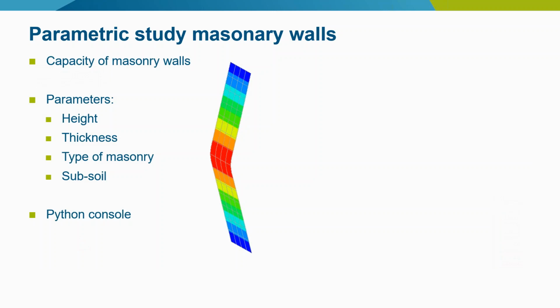And to see what is the influence of different parameters, I did a parametric study, changing the height, the thickness, the type of masonry, and I also applied different subsoils to see what is the influence on the capacity of the wall. I did hundreds of analyses and also processed the data to see what the results are and how parameters are related to the capacity.